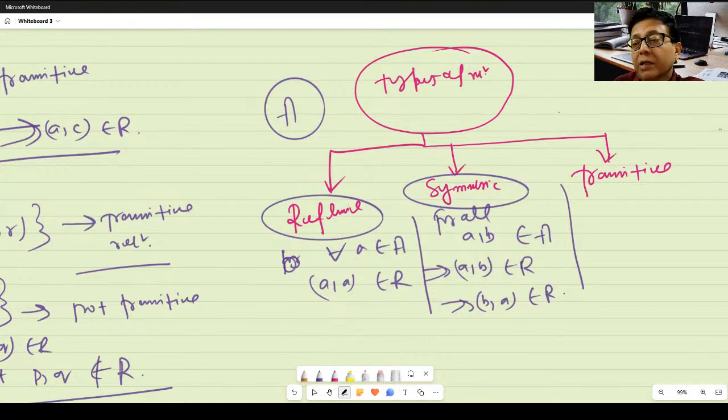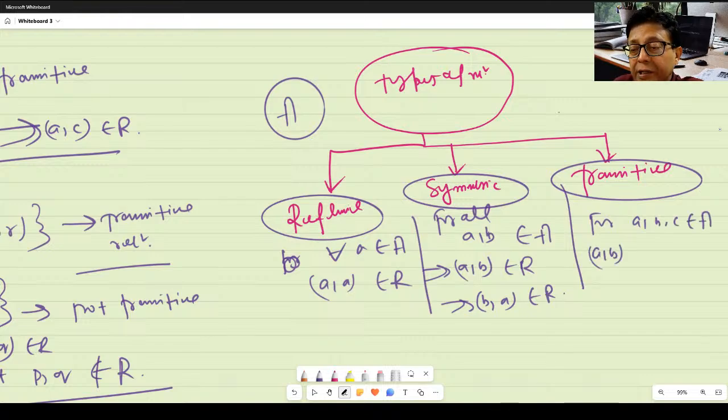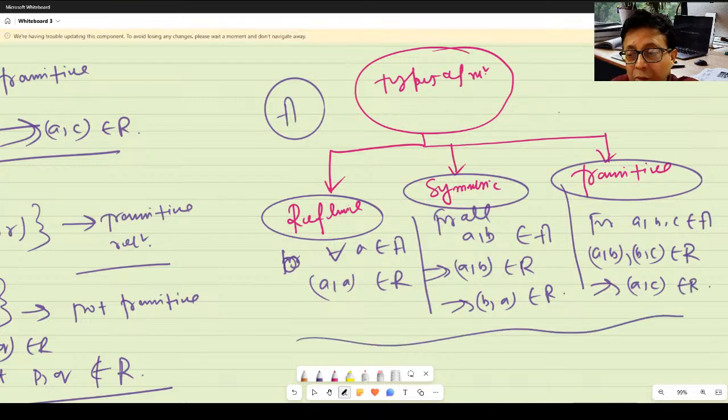Transitive, under what condition? For A, B, C belongs to A, (A, B), (B, C) belongs to R implies (A, C) belongs to R. Okay?